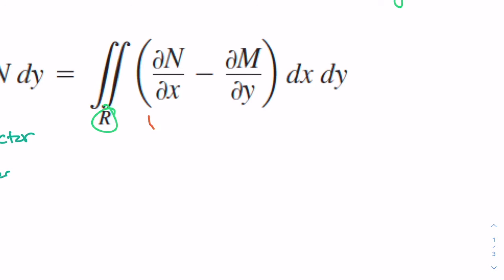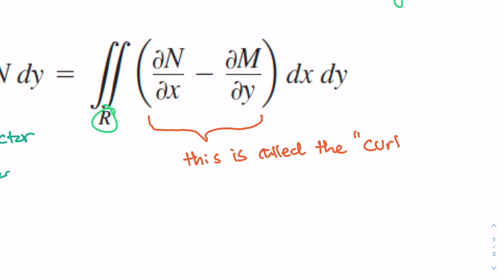Right, so this term right here is called the curl of f, right? And it's a way to quantify the microscopic circulation.